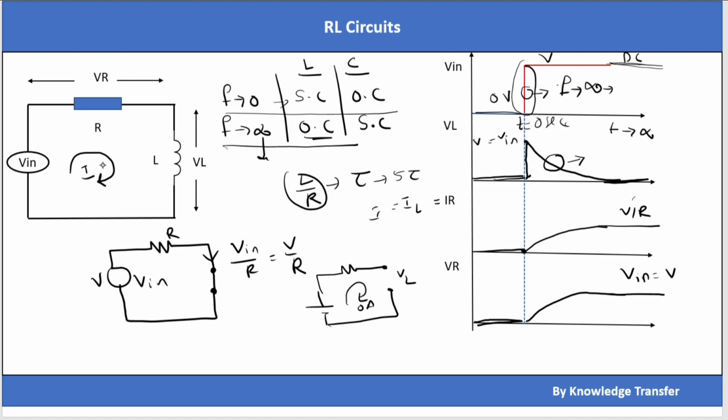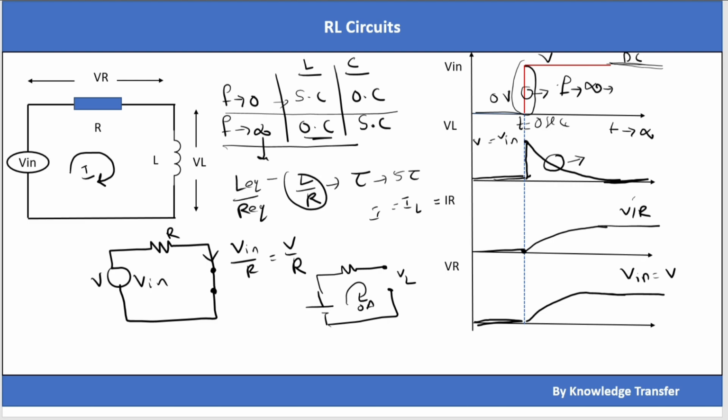Then how to find this time constant tau? We generally replace voltage sources with short circuits and current sources with open circuits, and find L equivalent and R equivalent. Here L equivalent is equal to L. If I replace the Vin voltage source with a short circuit, there is R. So the time constant will be L equivalent divided by R equivalent.